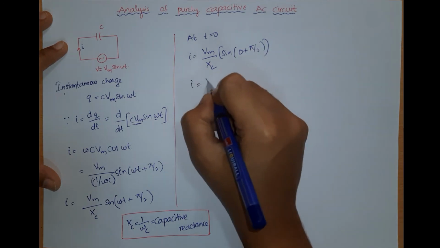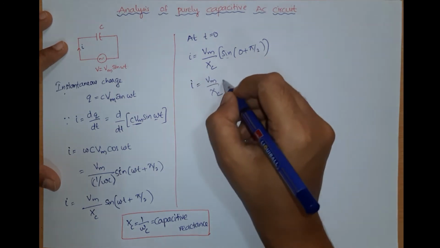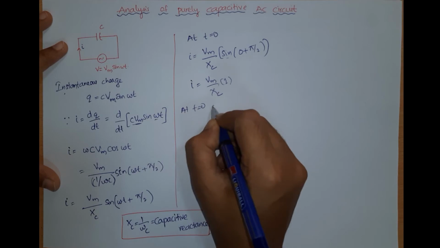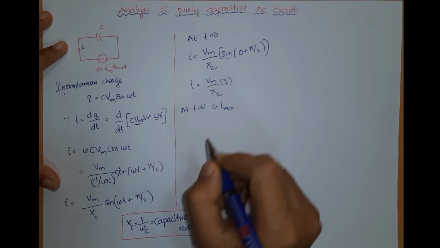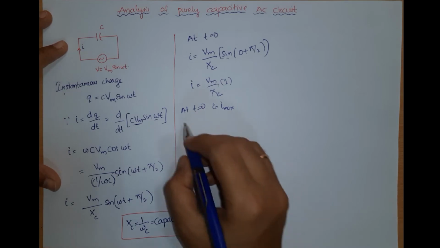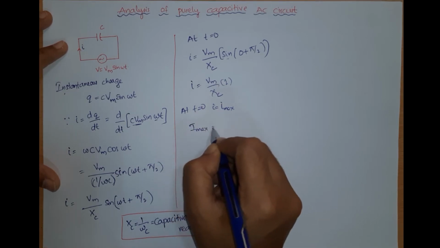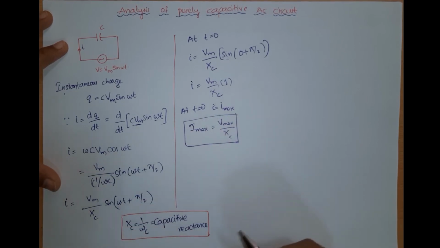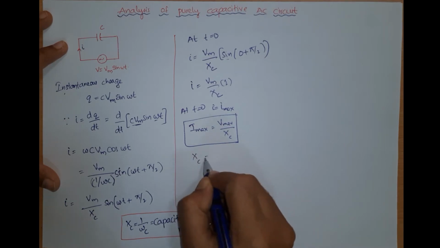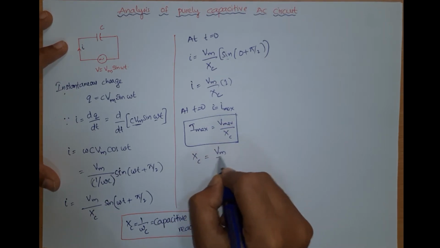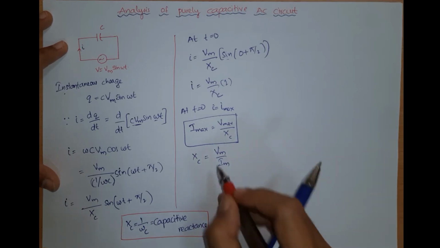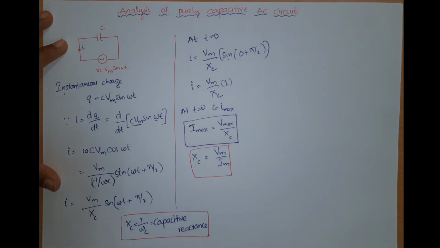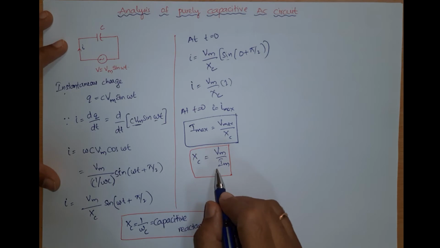That means I equals Vm by Xc, and sin pi by 2 is 1. So at t equal to 0, I is equal to I max, the maximum possible current. Therefore, I max can be written as Vm by Xc. If I want to get the value of Xc, I can simply write it as Vm by Im. So Xc is equal to Vm by Im.